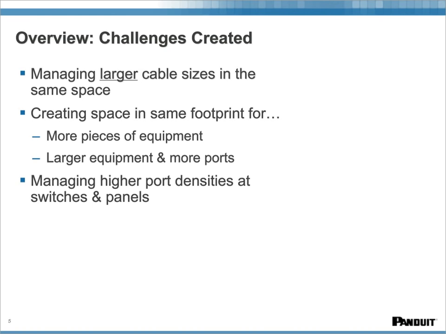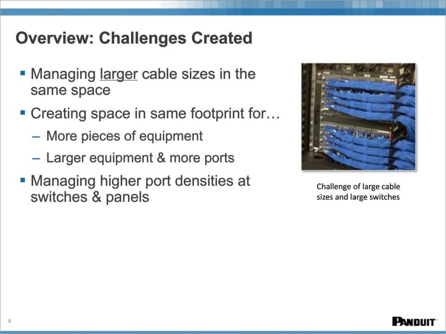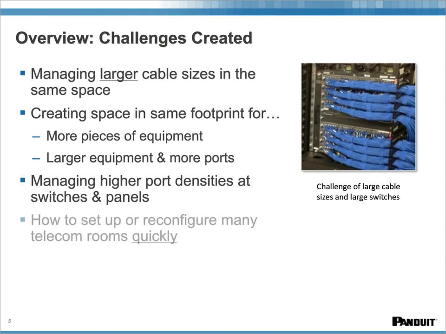The management of these higher ports and densities at switches and panels is something that is a challenge as well. And as we see in the picture there, it can result in cabling and cord densities such as you see. And finally, relative to that need to rapidly churn and change TR rooms and scale them up and modify them, there's this need to set up or reconfigure telecom rooms very quickly, as fast or faster than before.